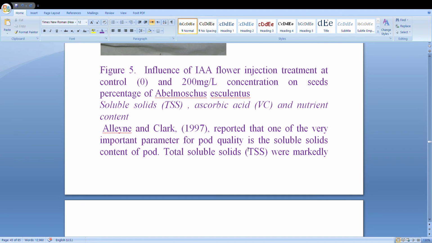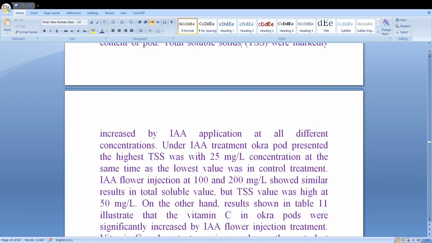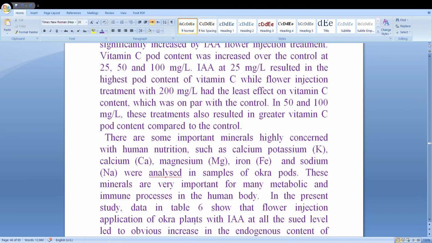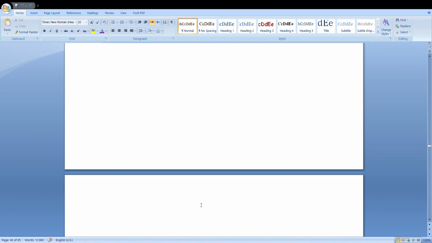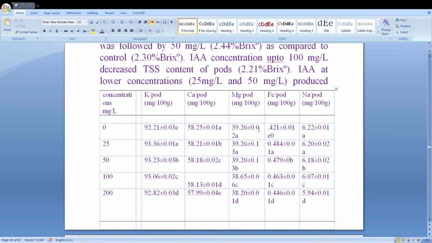According to our results, total soluble solids, sugars, and others were found in okra. There are different types of mineral contents, antioxidant, vitamin C, calcium, potassium, magnesium, ferrous, iron, sodium. You can see the result here. It also contains good potassium, calcium, magnesium, and ferrous, almost all higher in the concentrations 25, 50, 100, then zero control, and the higher concentration, 200 ppm.